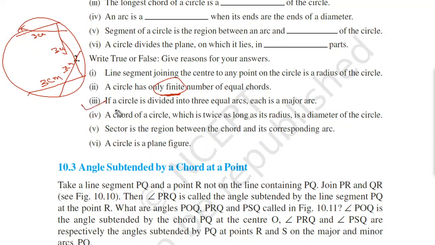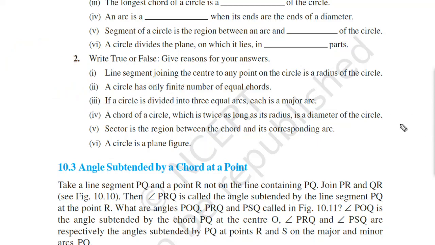Now we'll move to III. If a circle is divided into 3 equal arcs, each arc is a major arc. So now we'll draw this circle. Now this circle is divided into 3 equal arcs.